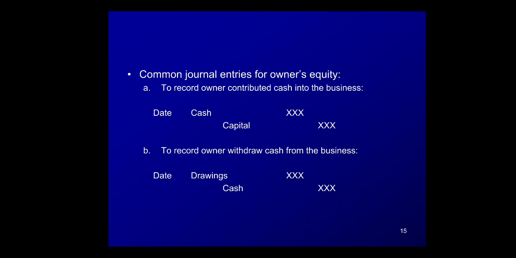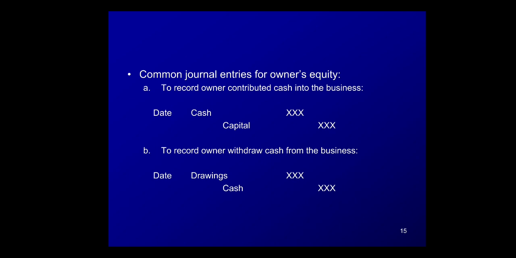Let's say the owner of the business invested another asset. For example, you have a business and you take your personal computer from home and put it into your grocery shop. You use the personal computer to manage your grocery shop. So how to record that? When you put an asset, including the personal computer, in your business, that also has to be recorded as an increase in capital.